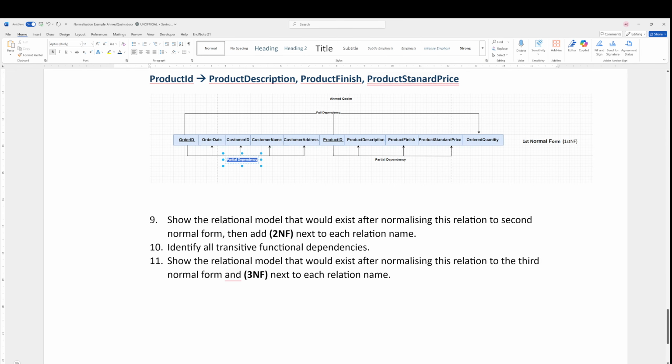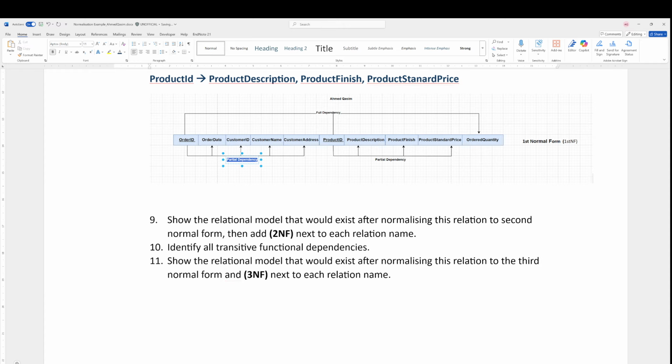So now what we need to do, we need to show the relational model that would exist after normalizing this relation to second normal form, then add the second normal form next to each relation name.